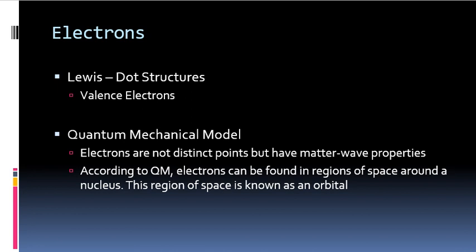In reality, quantum mechanics says that electrons have properties of both matter and waves, and therefore they're not in distinct points in space. Really, they occupy regions of space, and those regions of space, according to quantum mechanics, are called orbitals.